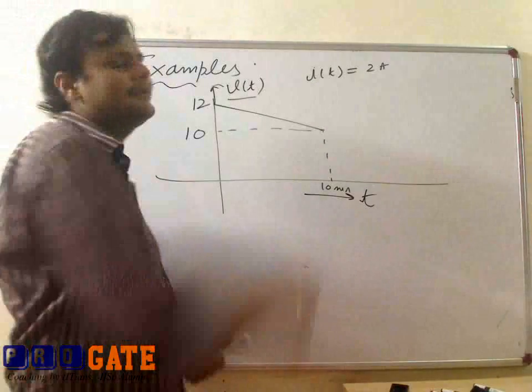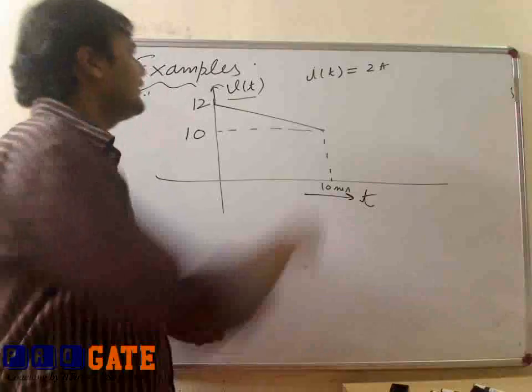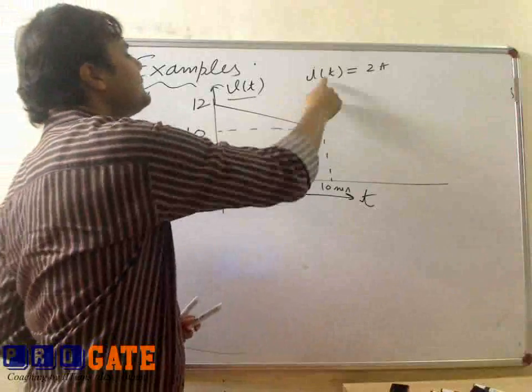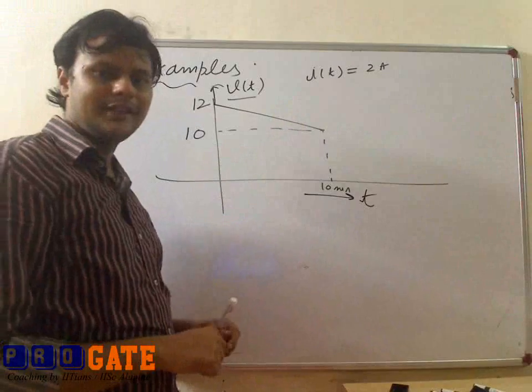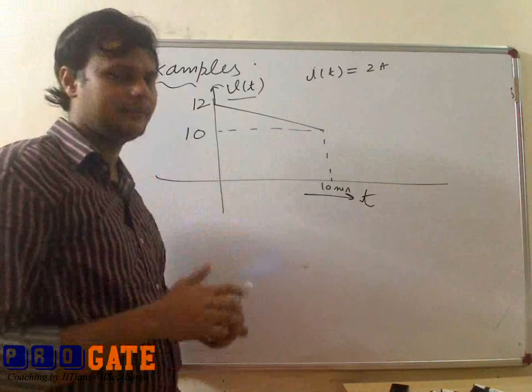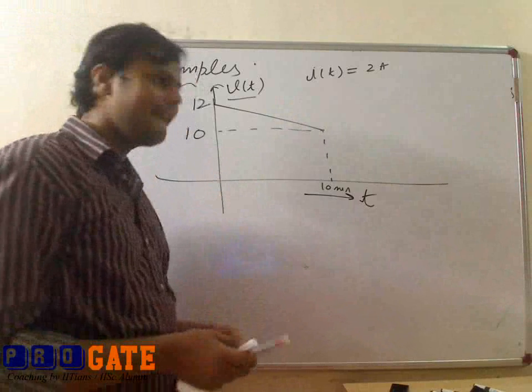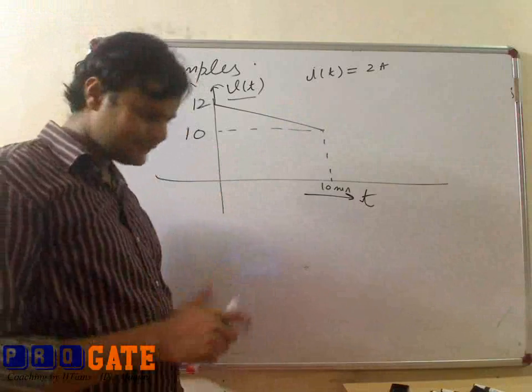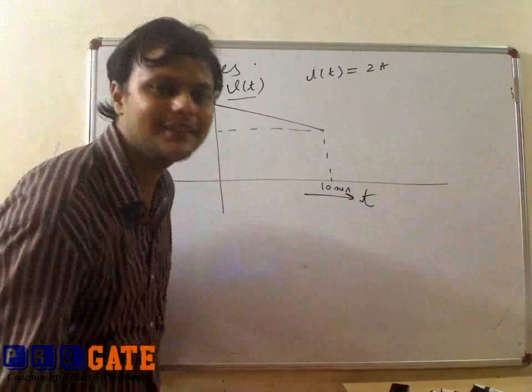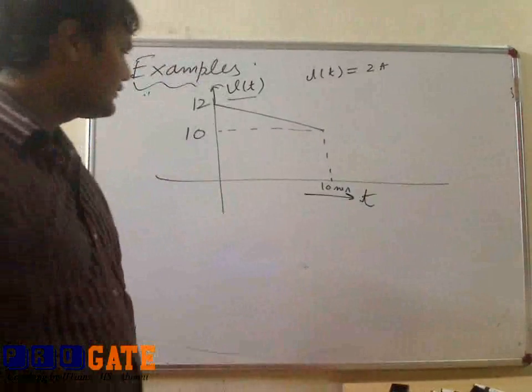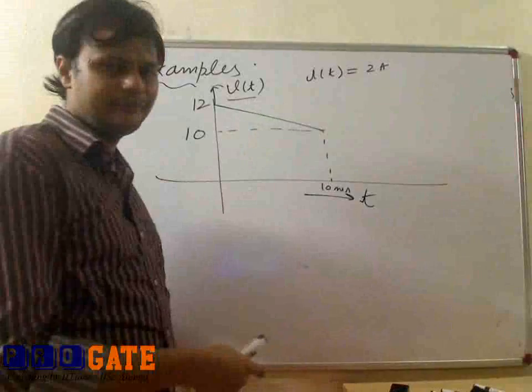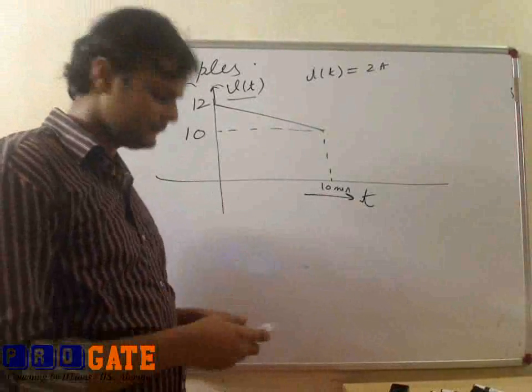That's why we are calling this instantaneous power. If I multiply this voltage by current, then I will get instantaneous power. And if one wants to calculate the total energy supplied by the source in that duration, you have to take the area of this instantaneous power curve.